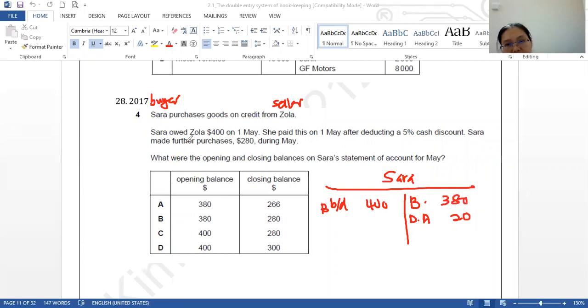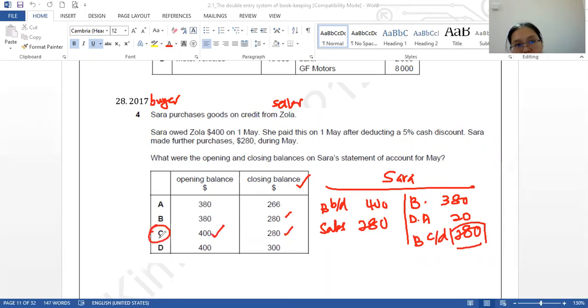Next, she made a further purchase of 280. So 280 here is a sale. So the amount, this and this, your balance carried down will be 280. So the closing is 280, and the beginning is 400. So 28 should be C.